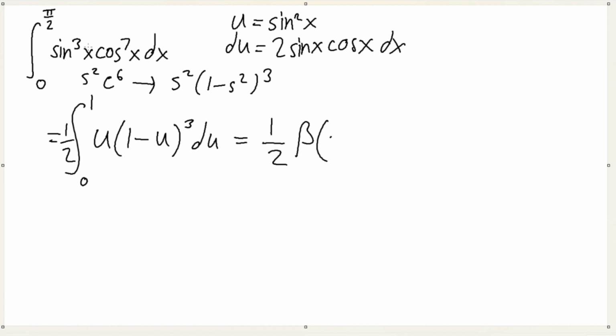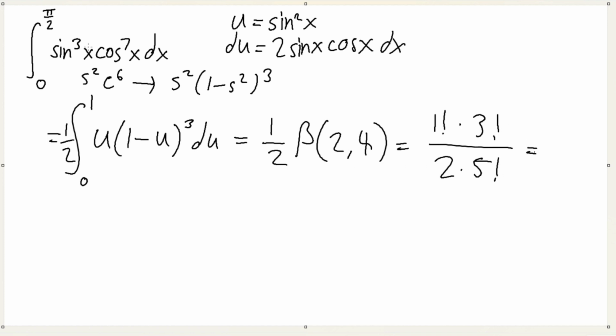This would be 2, 4. And then putting it in factorial form, I think we saw how this goes. 1 factorial times 3 factorial, and then 2 times 5 factorial because of this 2. And now we have 1 over 40.